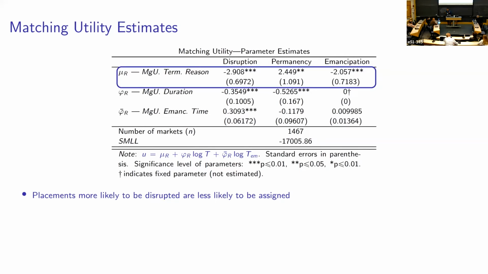This means that if a placement has a higher probability of being disrupted, it's going to have a lower payoff, a lower expected utility, for the social worker. So the probability of that placement being assigned is going to be lower. If it has a higher probability of exiting due to permanency, it's going to have a higher probability of being assigned, and the emancipation is also negative. So the signs go in line with what social workers say they're doing.